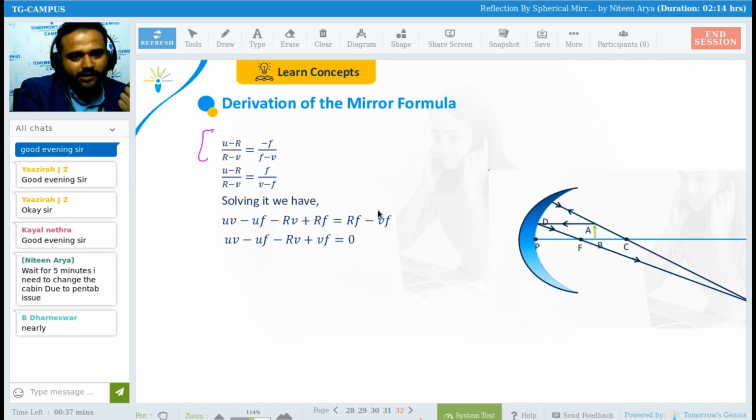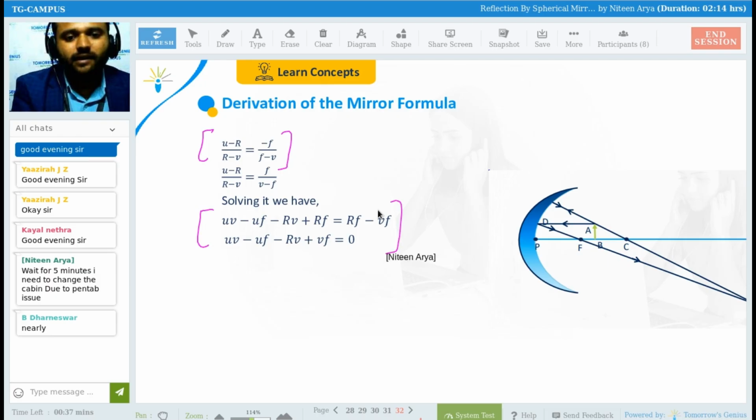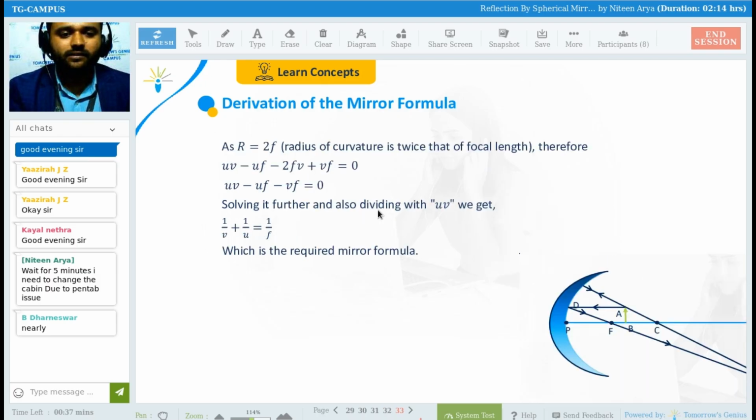U minus R equals to R minus V, minus of F upon F minus U. Then taking negative common, it is going to be V minus F again. So solving it, we get this. And solving further, as R equals to 2F, after solving this, UV equals to minus UF equals to 2FV plus FV.